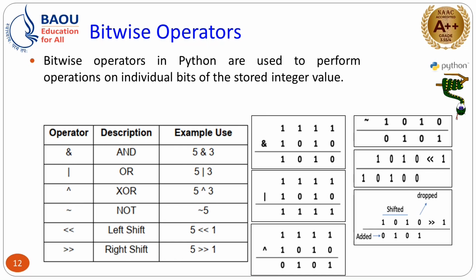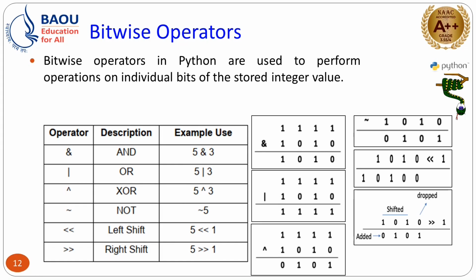So first of all, whatever value you enter in decimal form will be converted into binary, and the individual digits can be compared and checked with different bitwise operators. These are the different operators: ampersand, the OR sign, caret that is XOR, NOT that is the tilde sign, double less than that is left shift, and double greater than that is right shift. So we will see them one by one.